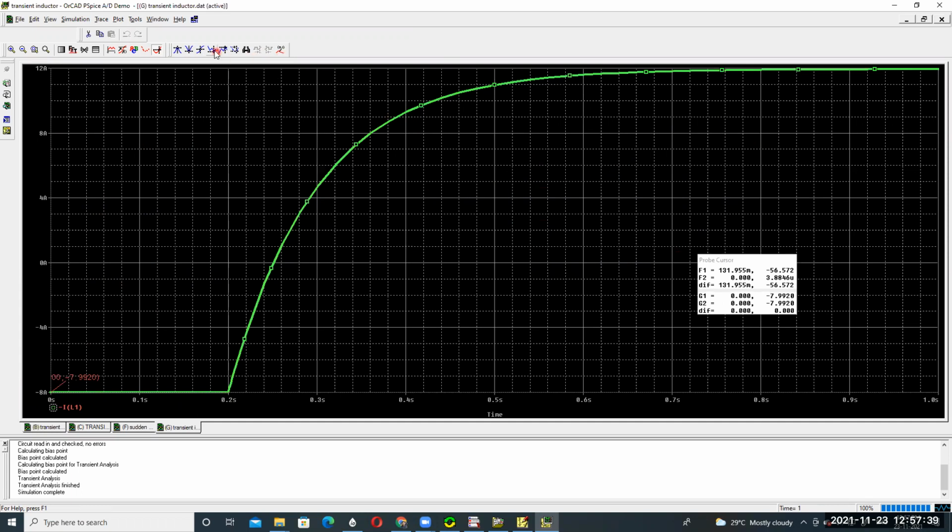Mark this cursor here, and you will get this type of response. This transient response occurs because of the inductor. So this is about the circuit simulation.